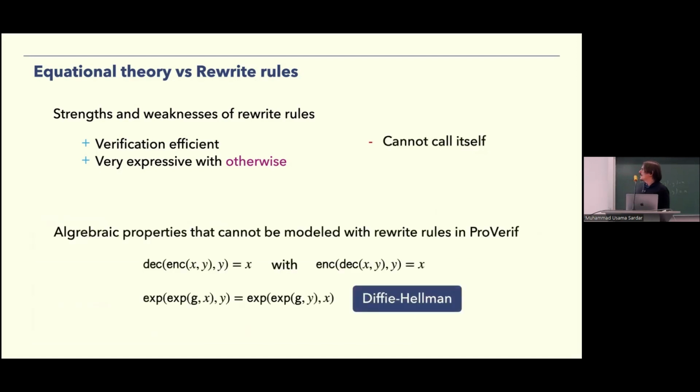And there is another problem with rewrite rules, which is that you can't express every algebraic property with them. For example, you cannot express the standard Diffie-Hellman or associativity and commutativity. So there's a limitation, but my point is that if you can write it as a rewrite rule, do it.